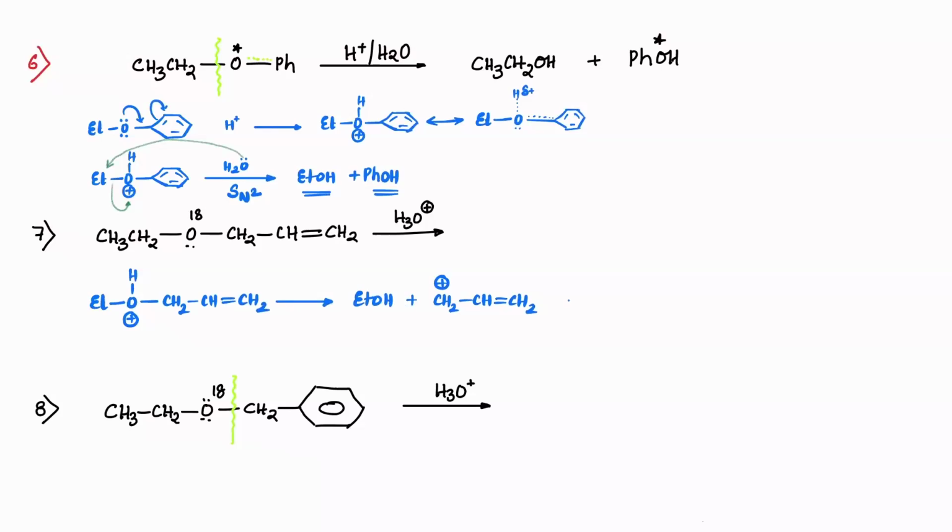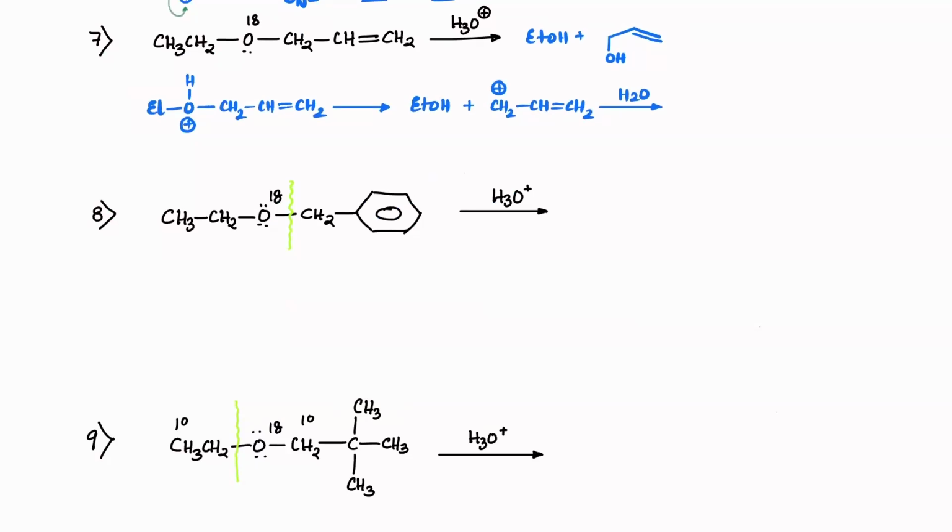Got it? And that's when water attacks, and you'll get an alcohol. So basically you'll get this as EtOH plus the double bond here with OH here. That's it. This is the product formation.